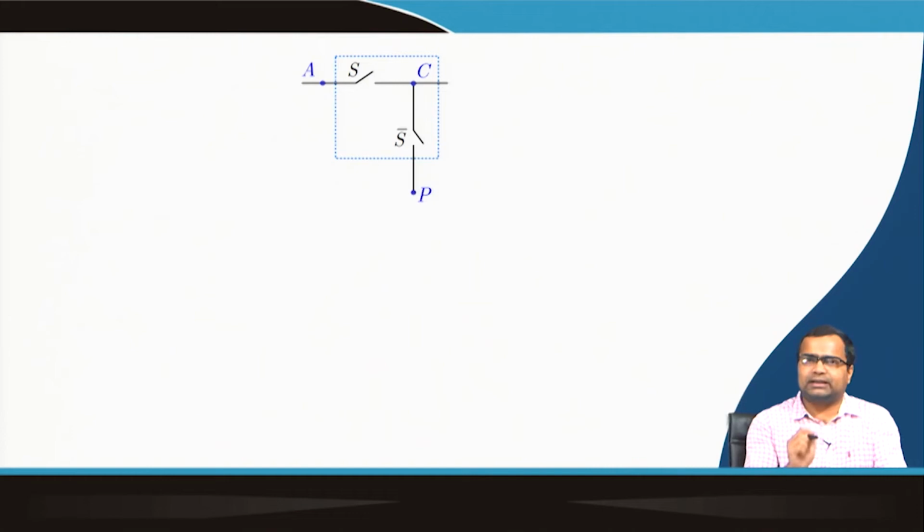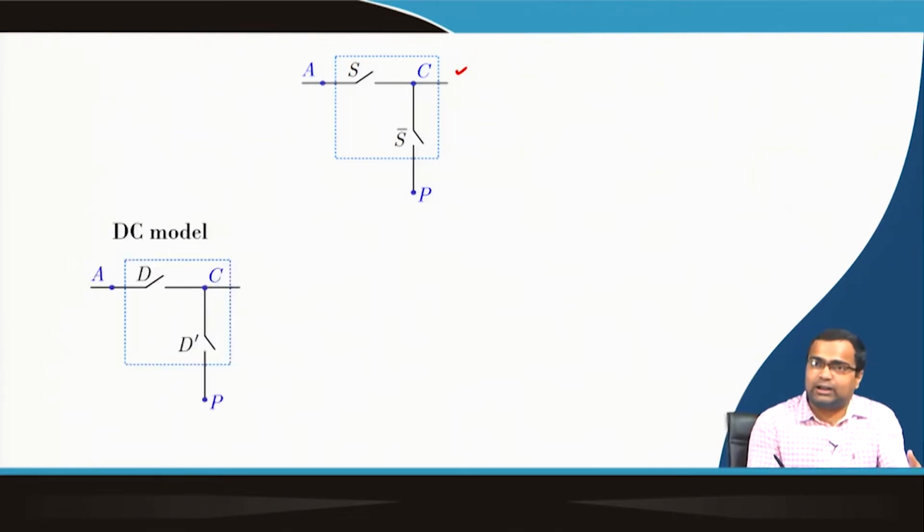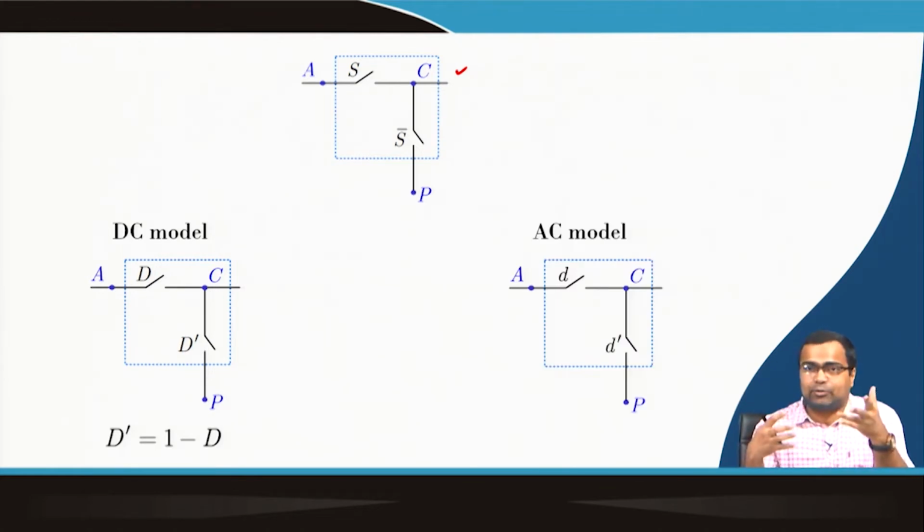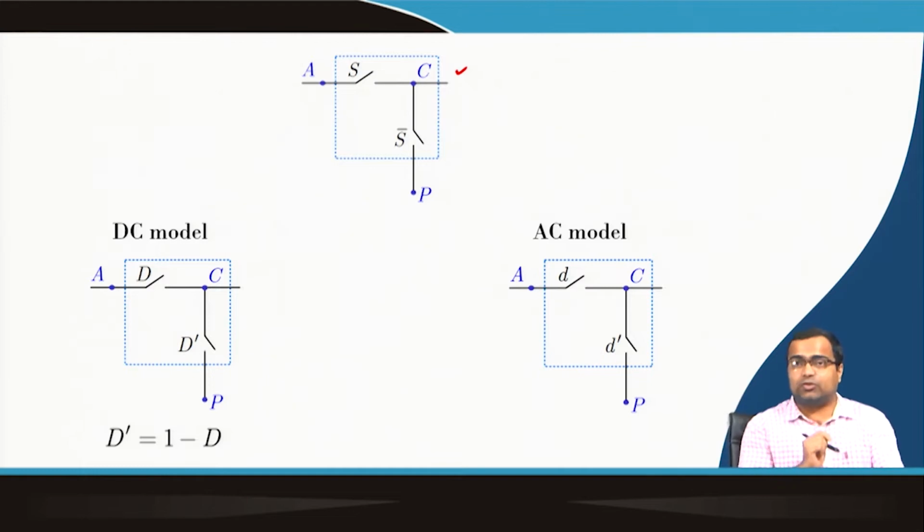Next, if we take this 3 terminal model, which for example resembles the switch network of the buck converter, we can write a DC model where S will be replaced by capital D and S bar will be replaced by D bar, where D bar is 1 minus D. Also, we can take the AC model where S will be replaced by small d and S bar by D bar, shown here as the average quantity.